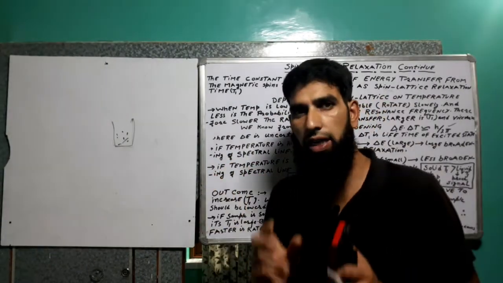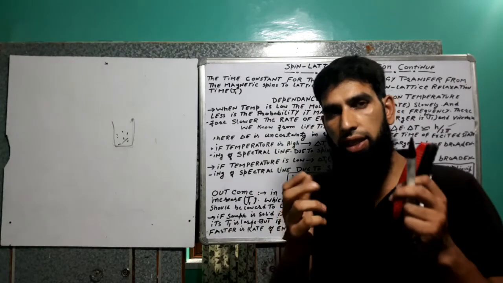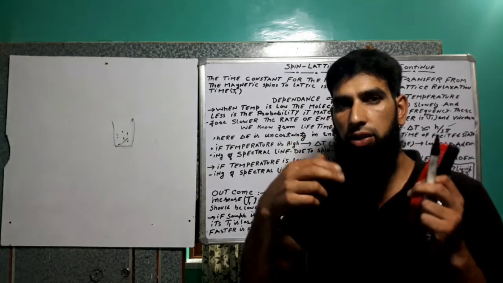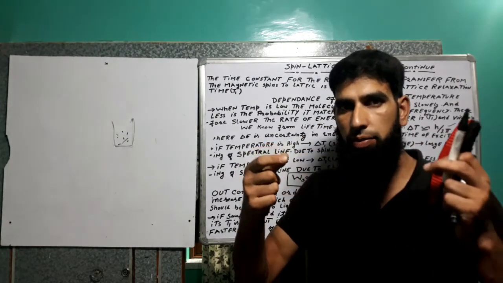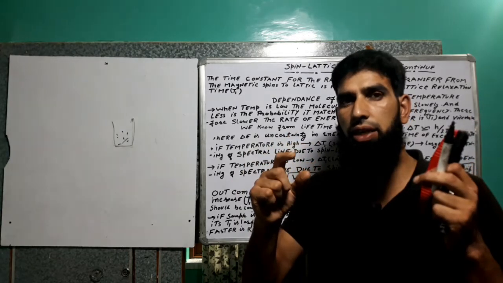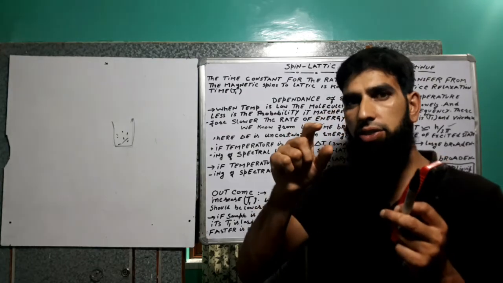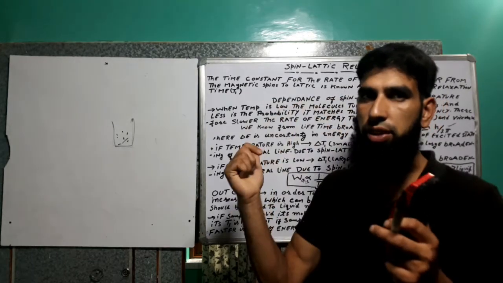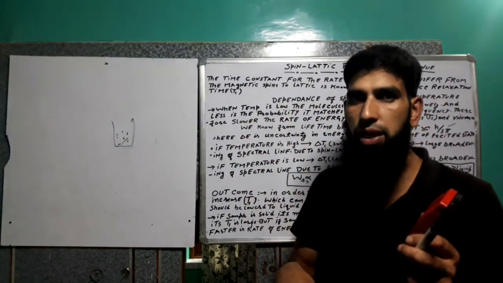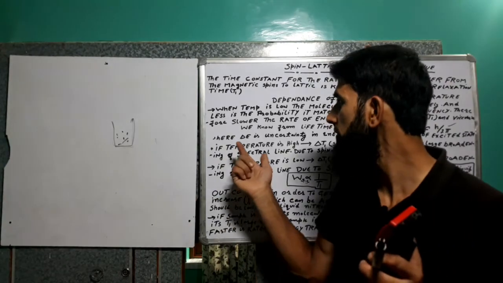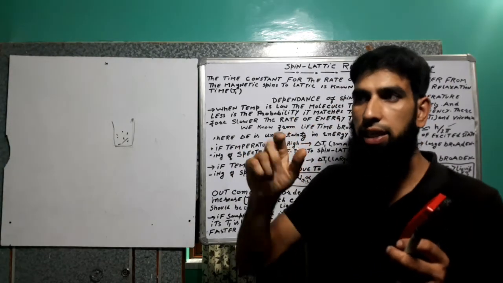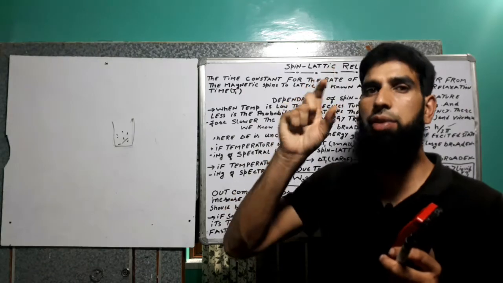I have already told you that when the fluctuating magnetic field achieves the resonance frequency, in that instant energy is transferred to the lattice and the spin goes into the lower energy state. When it achieves the resonance frequency faster, it will spend less time in the excited state.